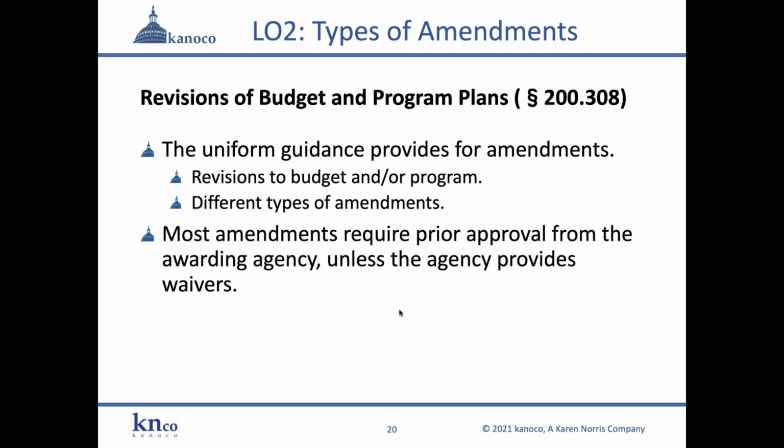The uniform guidance provides for revisions to the budget and or program, and they allow for several different types of amendments that can be implemented. Most amendments require prior approval from the awarding agency, unless the agency provides some sort of waiver. And I think a good rule of thumb would be just assume that you need prior approval, unless they tell you otherwise.